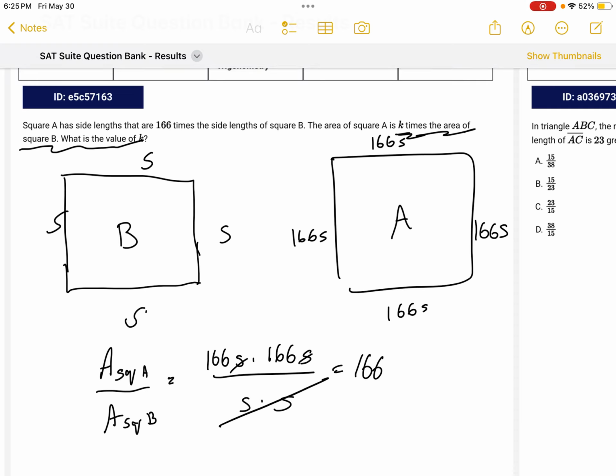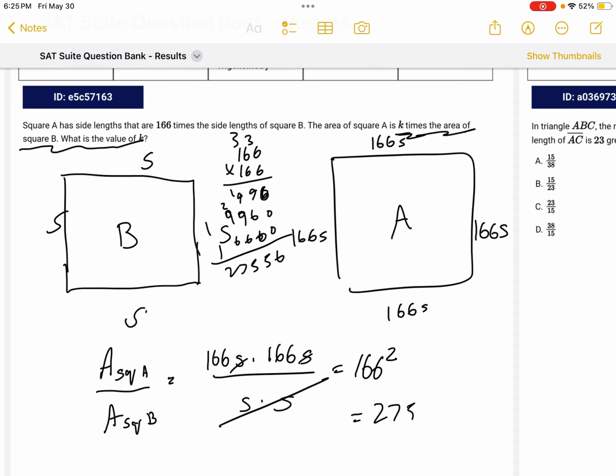This ratio is 166 squared, which if I multiply this out and add it up, is equal to 27,556. That's our answer for this question.